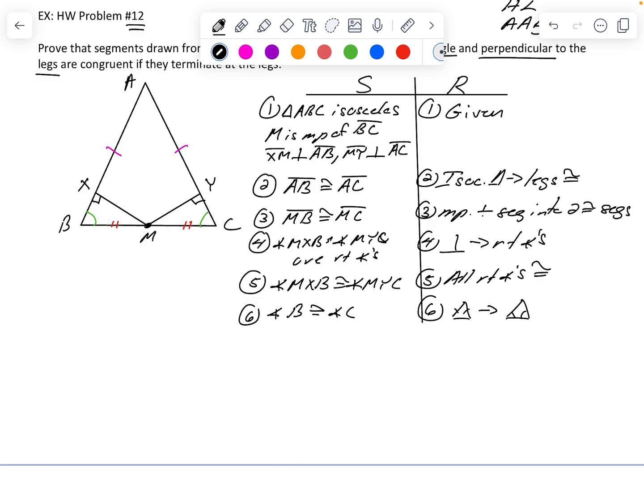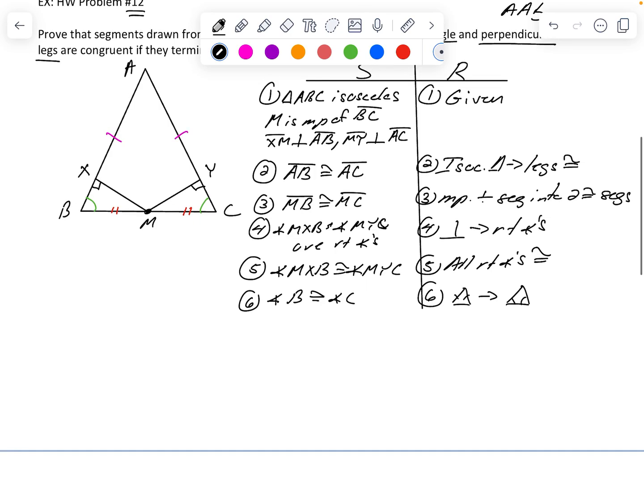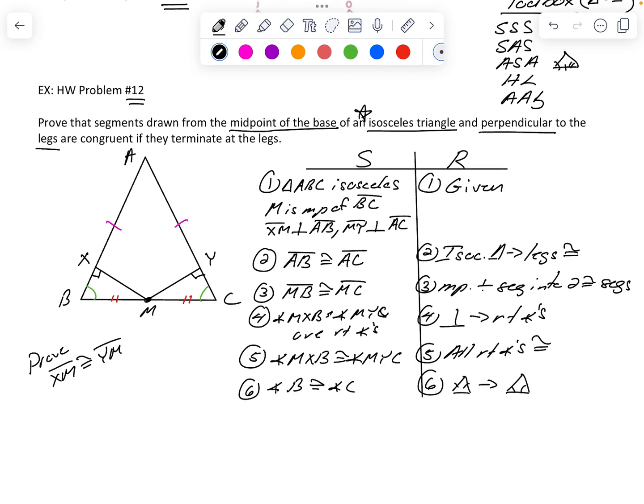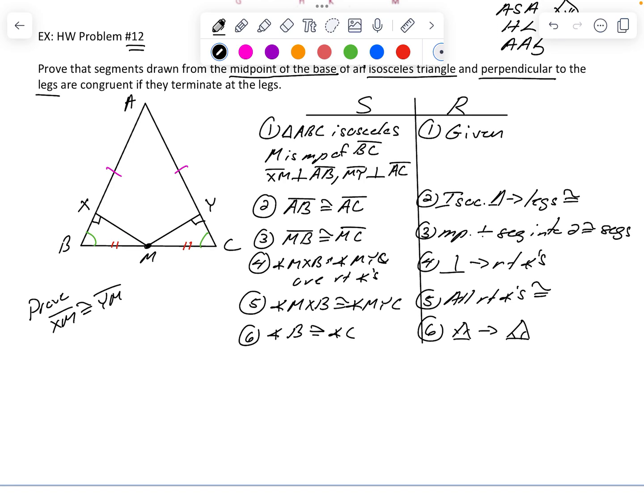So now we can say, remember, we want to prove XM is congruent to YM. We want to prove that these segments drawn from the midpoint perpendicular to the legs are congruent. So we are almost there.